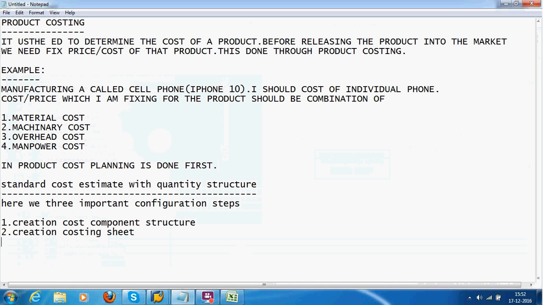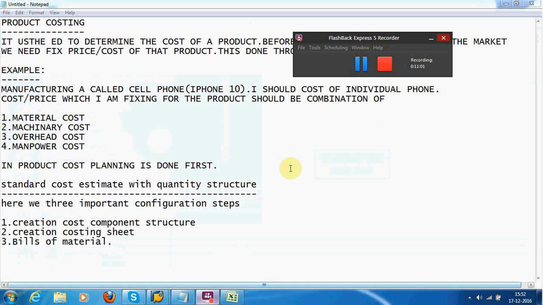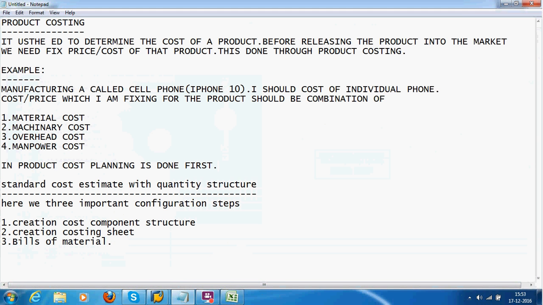Next is the BOM, which is nothing but the bill of material. And the next most important thing is the costing variant.